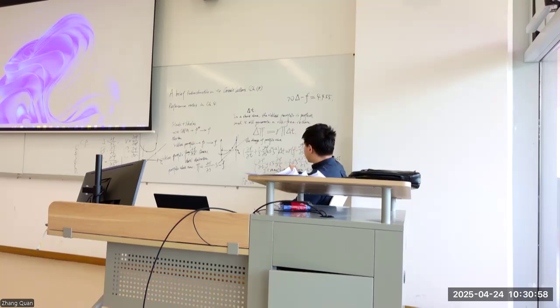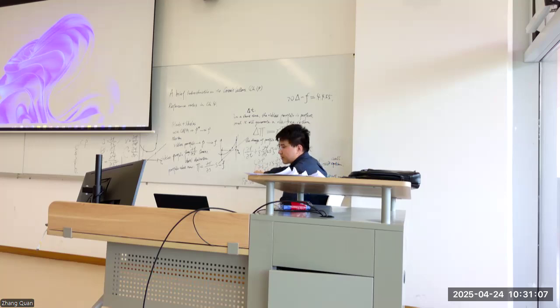If this curvature is positive and this is a very large value, this one will also be very large, and then a very large negative value.